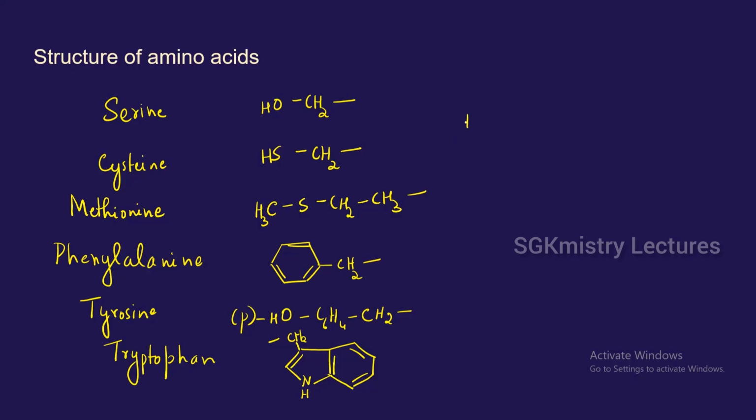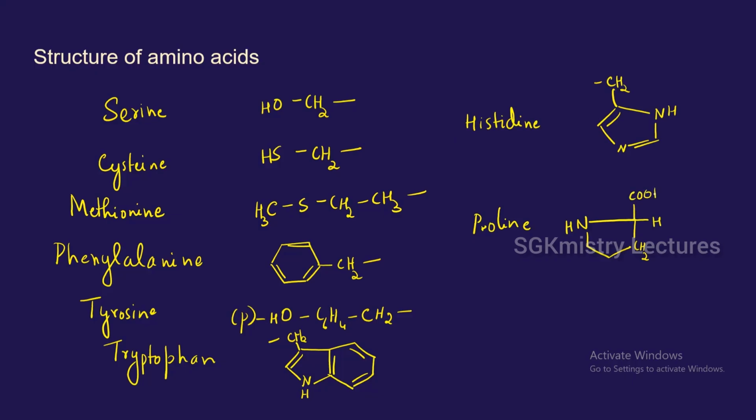Then we have histidine. Histidine, we have NH here. Again, a heterocyclic ring is present. Then we have proline. Here also there is a heterocyclic ring. Here H, and here we have COOH. Okay. So this is about proline.